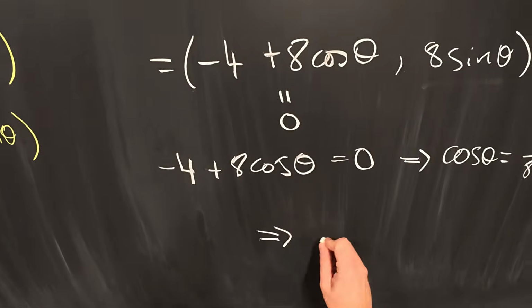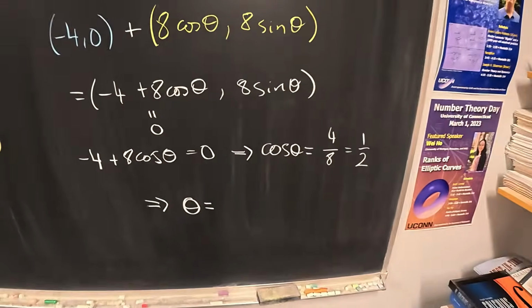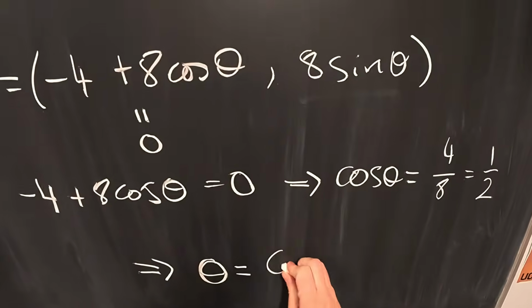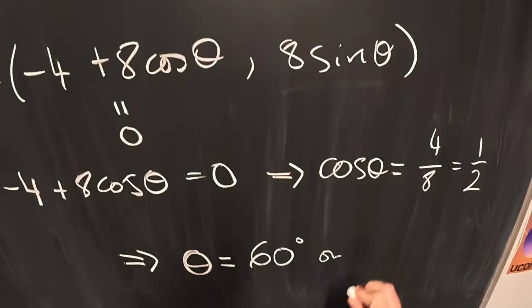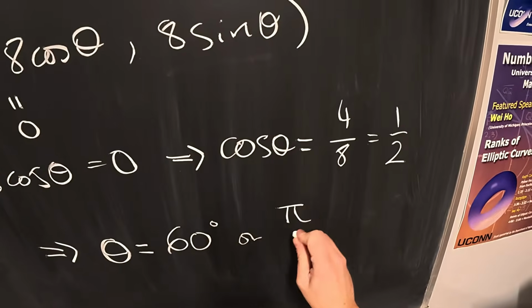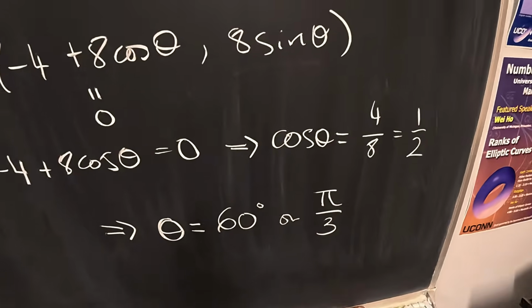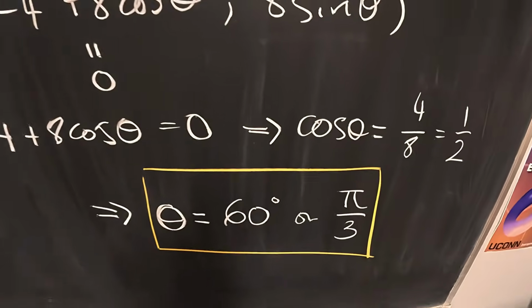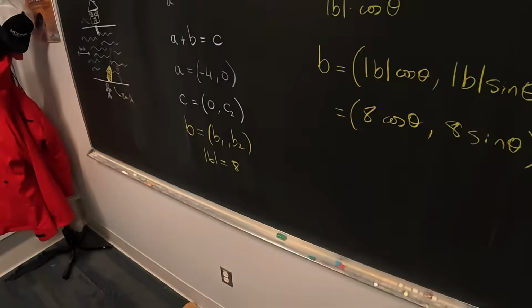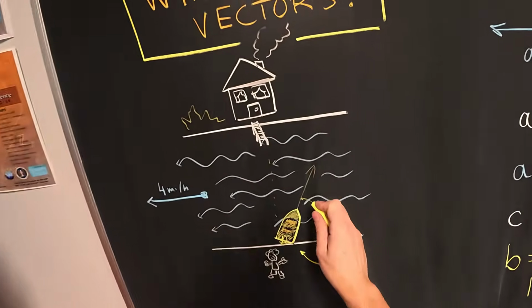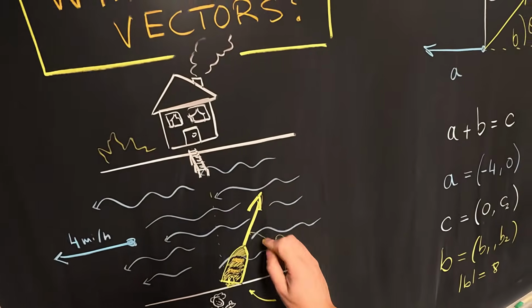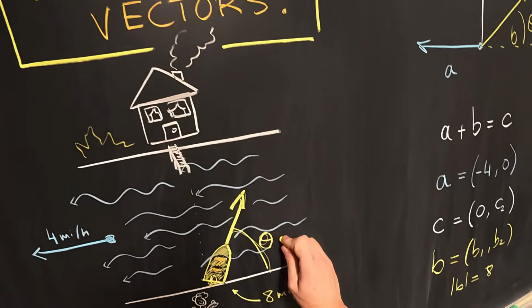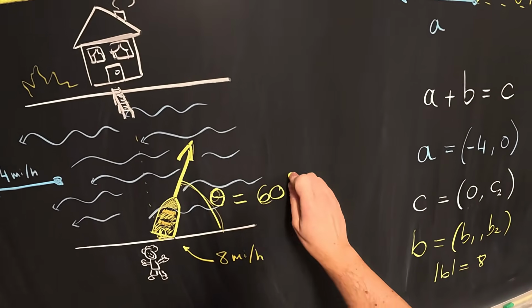So this tells me that theta has to be 60 degrees, or in radians, pi divided by 3. So the answer is that the angle that we have to aim our boat at, this angle here, should be 60 degrees.